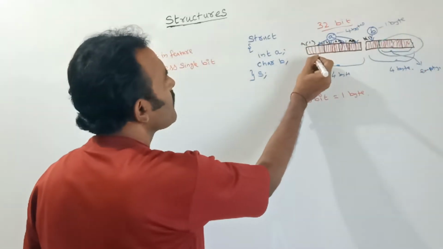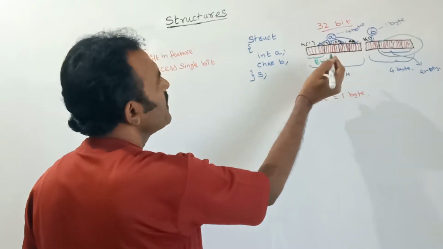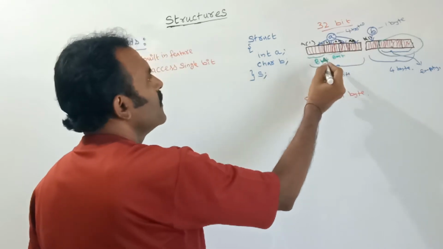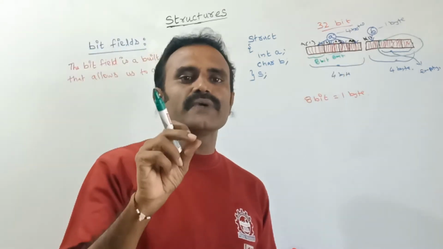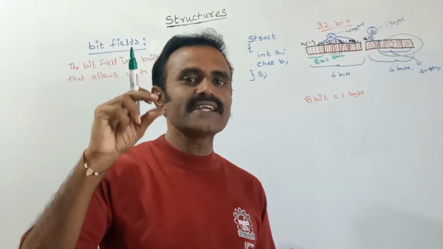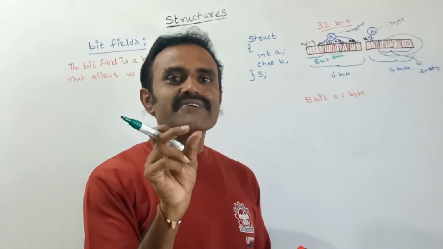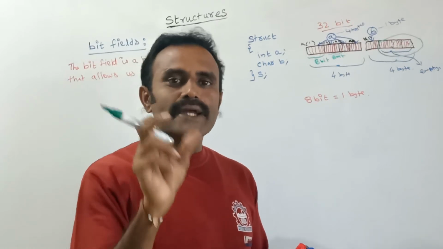Each and every byte contains 8 bits. So here totally 4 into 8 is 32. In each and every cycle, when it reads the data, it will read 32 bits, or otherwise we can say 4 bytes.